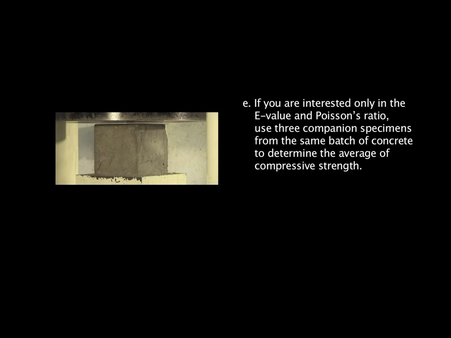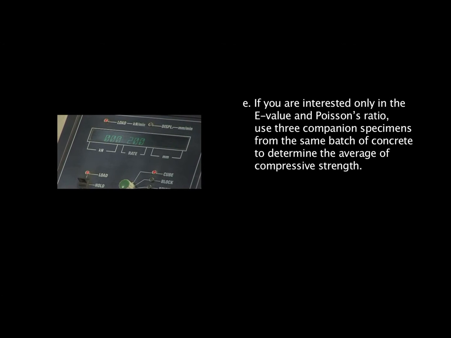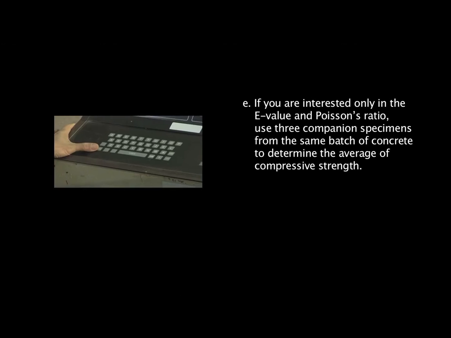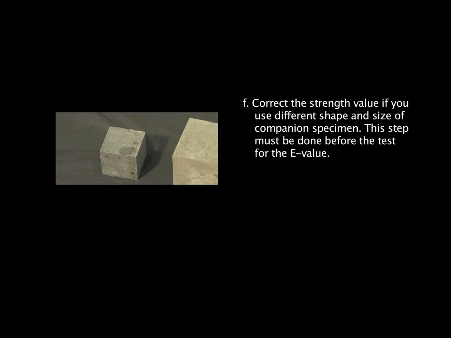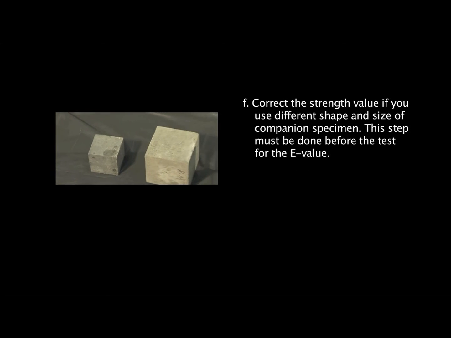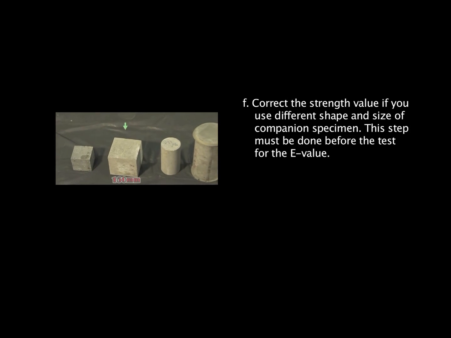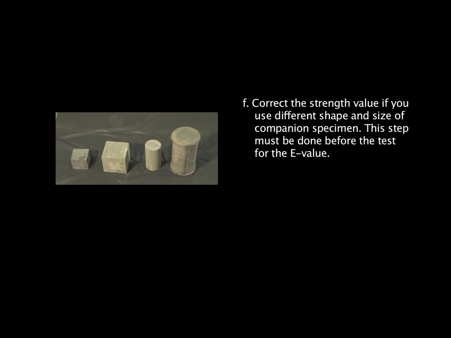E. If you are interested only in the E-value and Poisson's ratio, use 3 companion specimens from the same batch of concrete to determine the average of compressive strength. F. Correct the strength value if you use different shape and size of companion specimen.